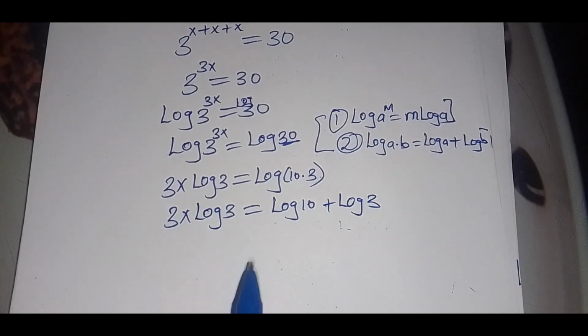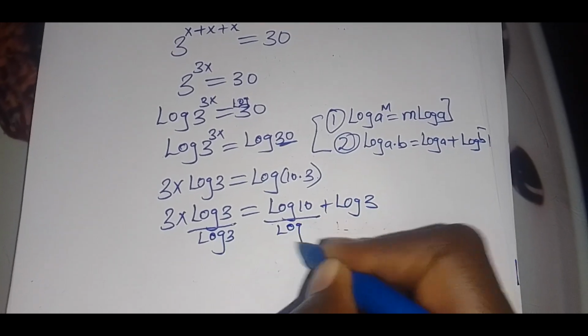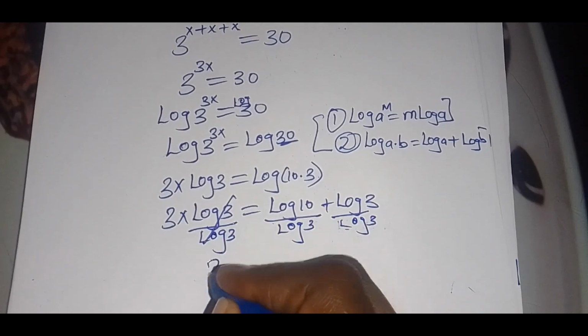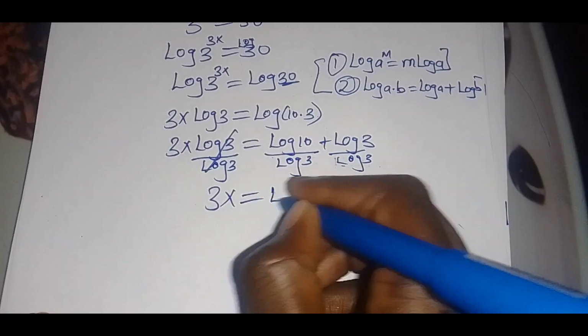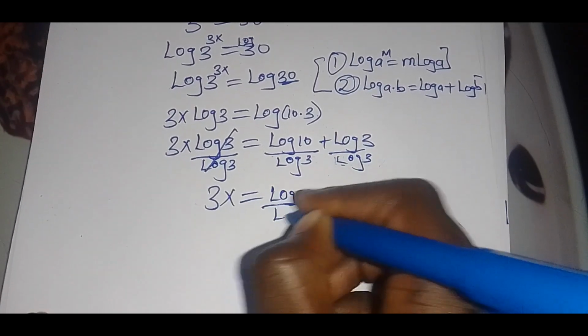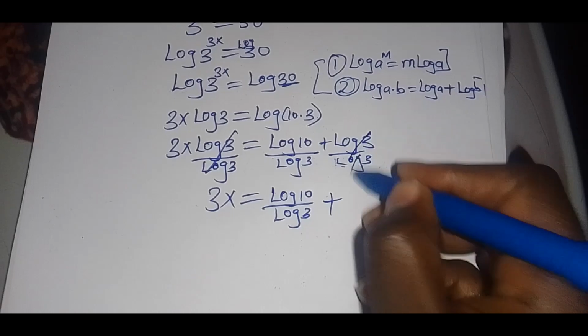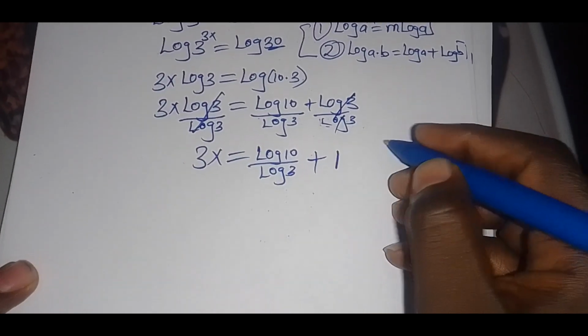Now we divide both sides by log 3, so we have 3x equal to log 10 divided by log 3, plus 1 when you simplify.